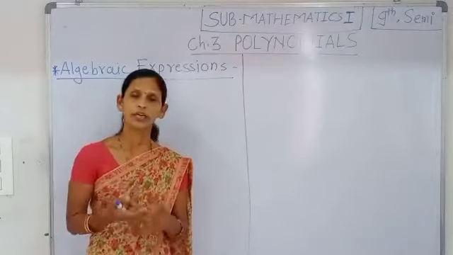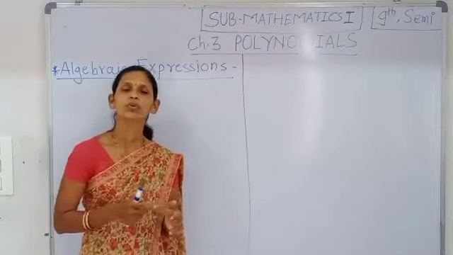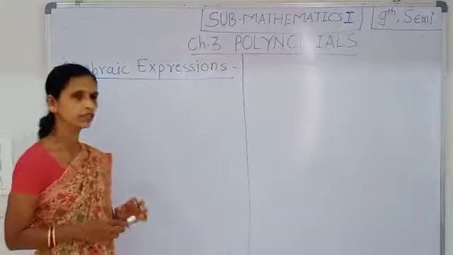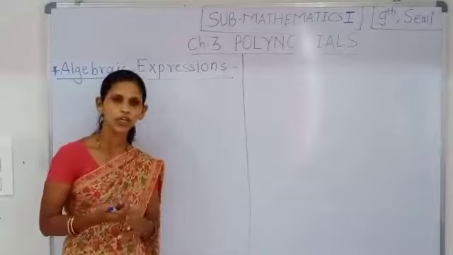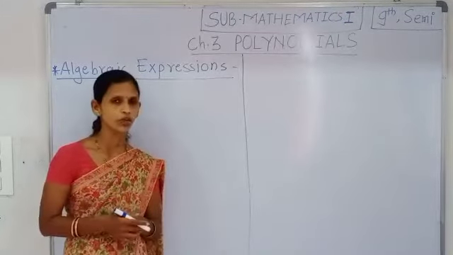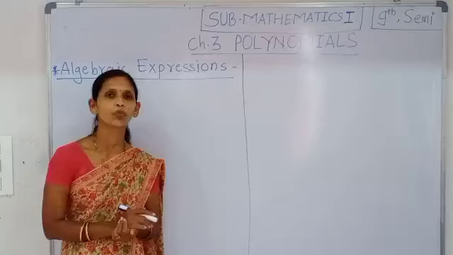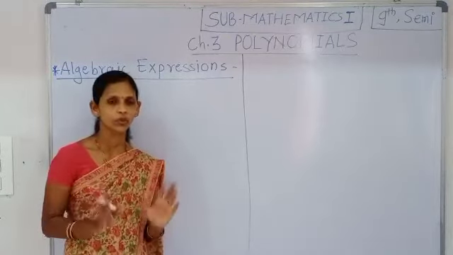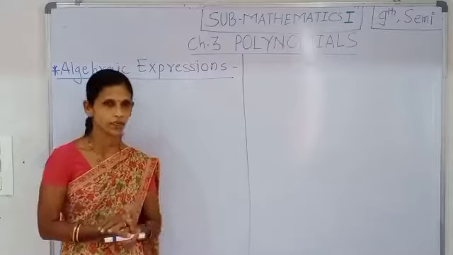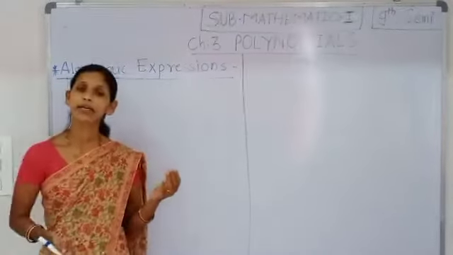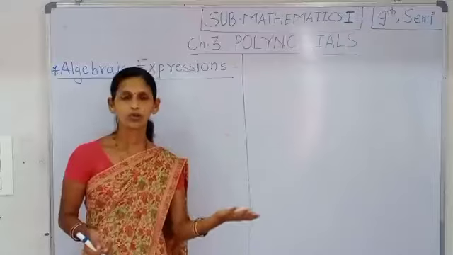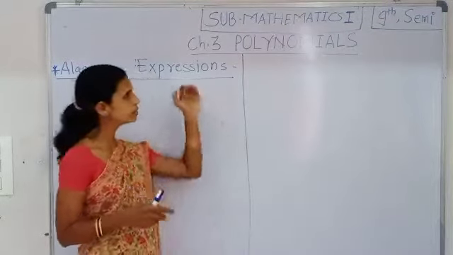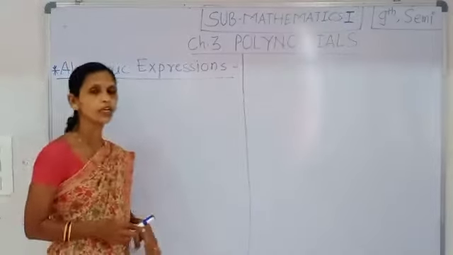Today we are going to discuss algebraic expressions as well as polynomials, types of polynomials, degree of polynomials, and standard forms of those polynomials. We have to recall all the concepts given in this chapter, polynomials.